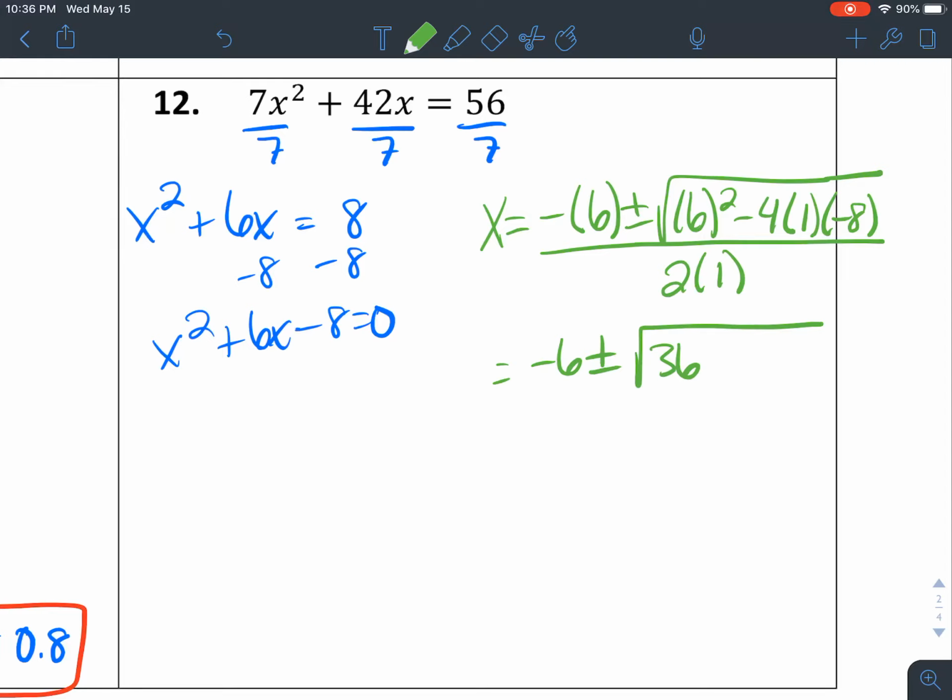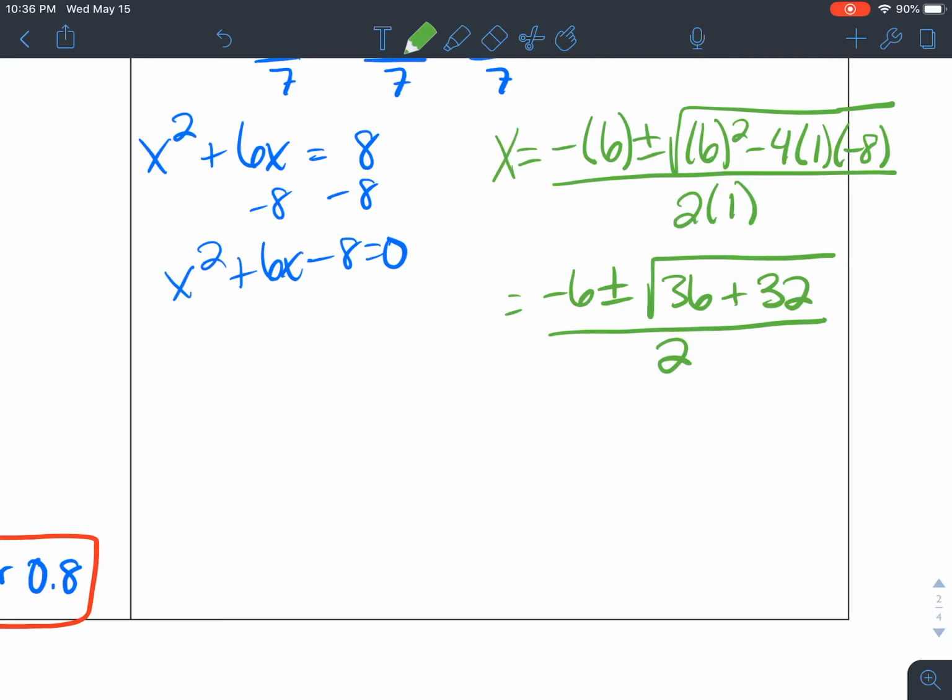Looking at my numbers, I've got a -4 times 1 times -8, which is a positive 32, all over positive 2. So that is -6 plus or minus the square root of 68 all over 2.